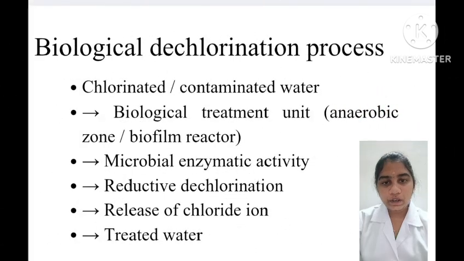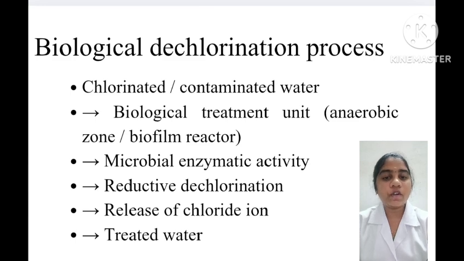Biological dechlorination process. First, influent water or wastewater containing residual chlorinated compounds from chloramine and chlorine. Second, biological reactors: anaerobic bioreactor, biological filter, biofilm reactor, and natural biological treatment zones are involved.